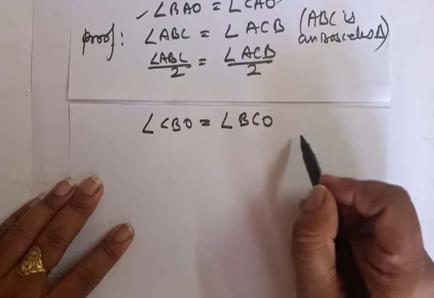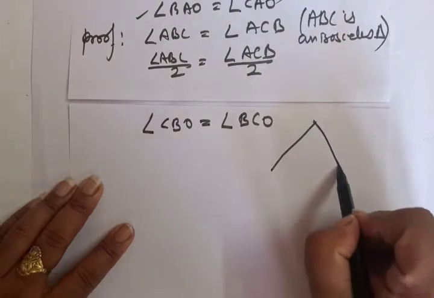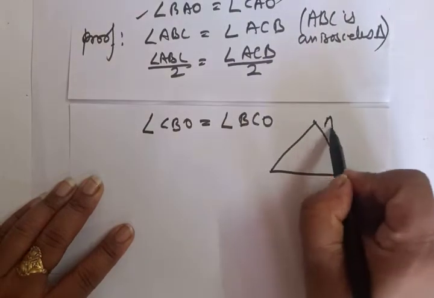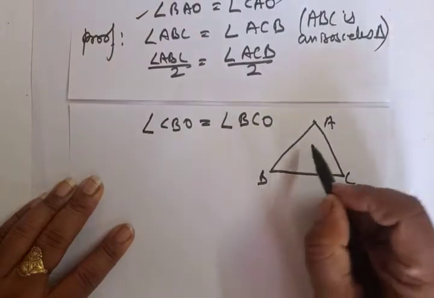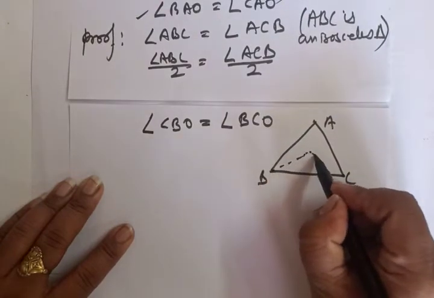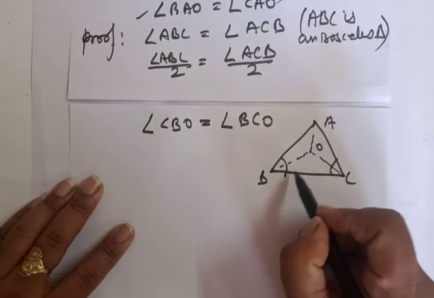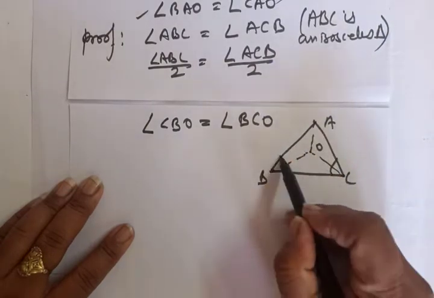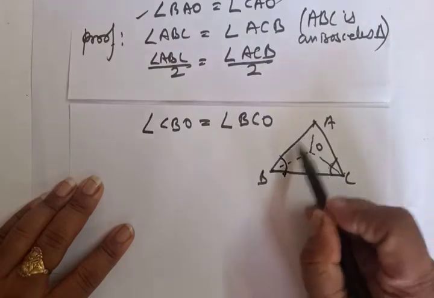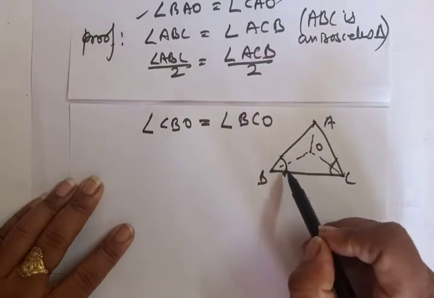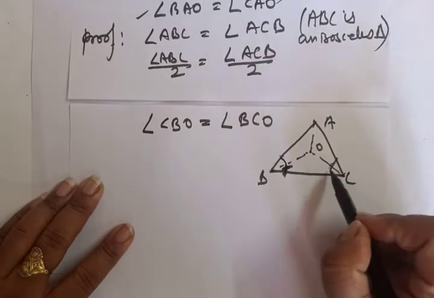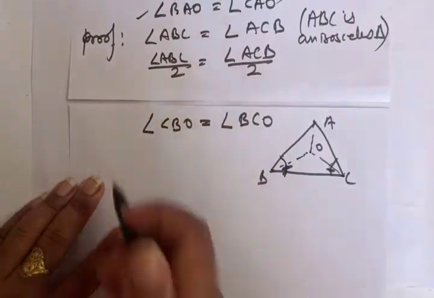Now I am drawing the triangle again to explain to you, that we have drawn in the question. Yes, this is the figure, this is the point O. So since this complete angle ABC is equal to this angle, half of this angle is equal to this angle.